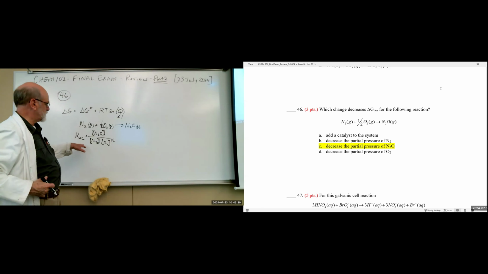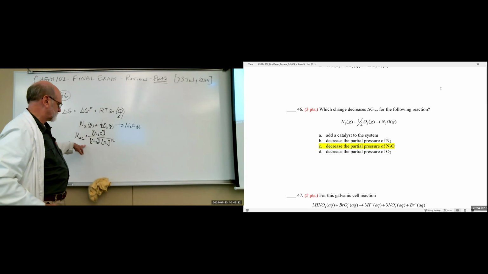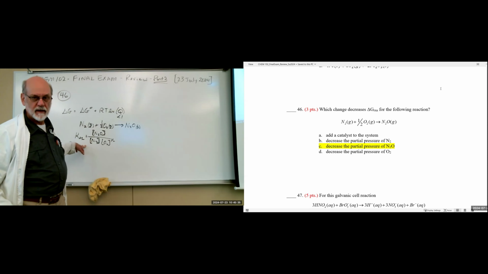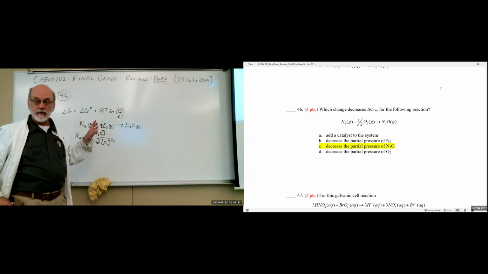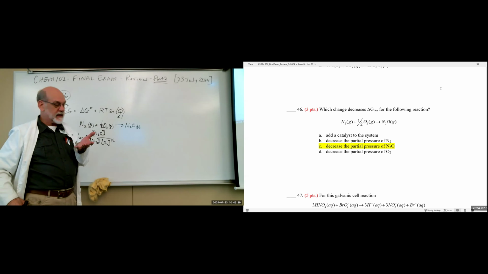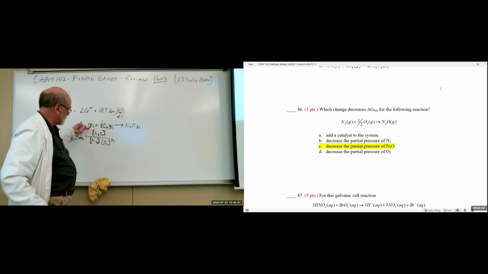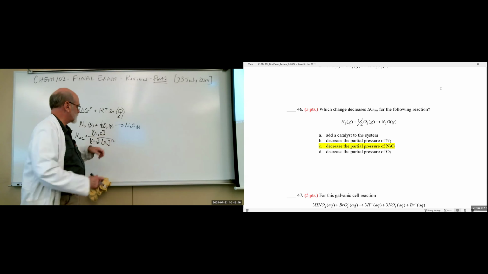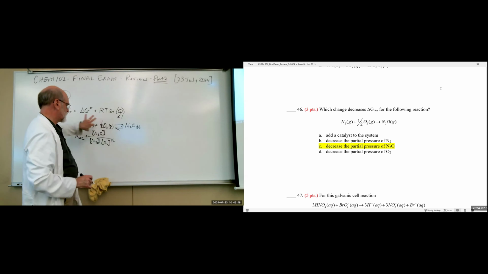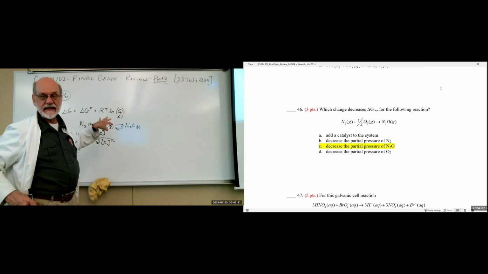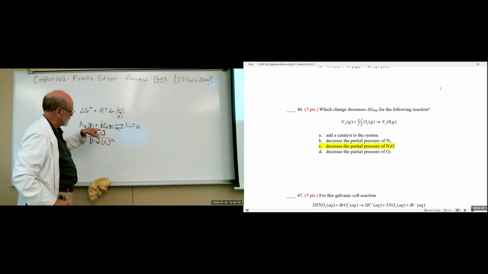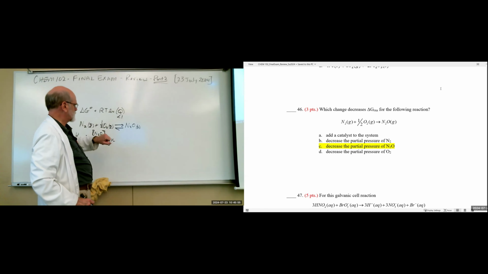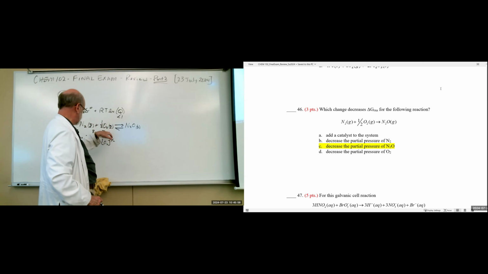How do we get this to be less than 1? Well, we don't know our starting position. But if we were going to make this less than 1, that means this would have to get smaller and this would have to get bigger. So we would have to shift this way. Decreasing the partial pressure of N2O would move it that way. That would make this bigger, make this smaller.